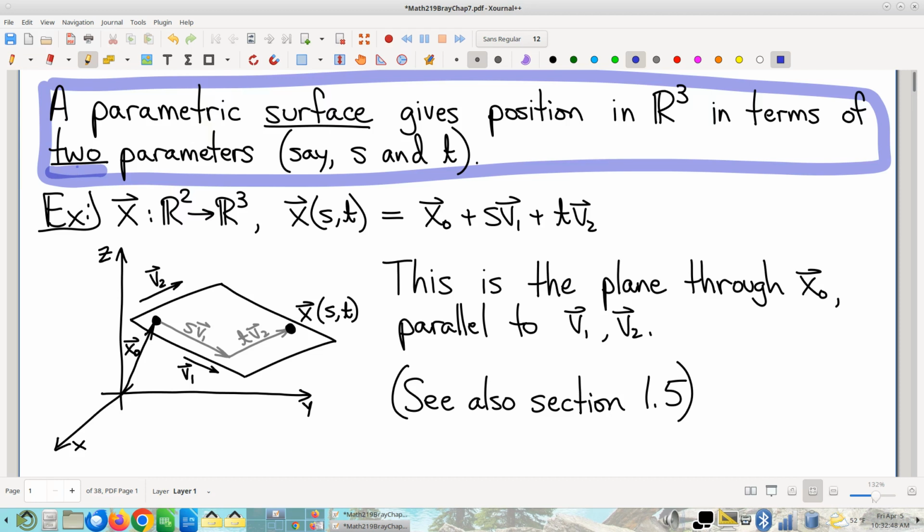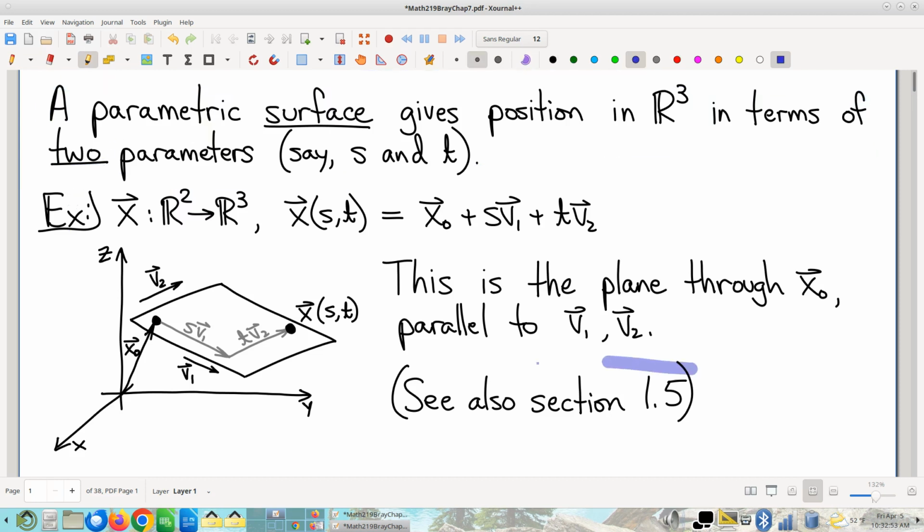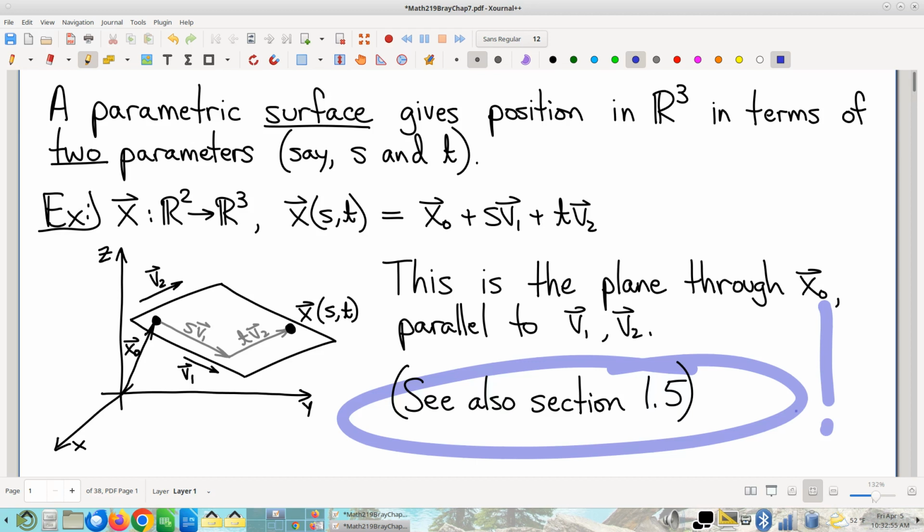So here's an example we've actually already seen. This goes all the way back to Chapter 1, Section 1.5. So you might want to flip back in your notes, flip back in the book, and find the example that we did. I think it was a homework exercise also, right?